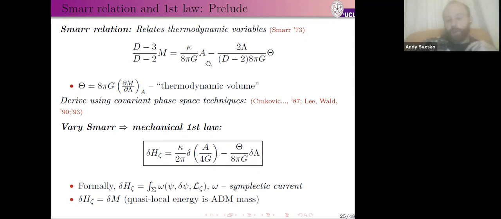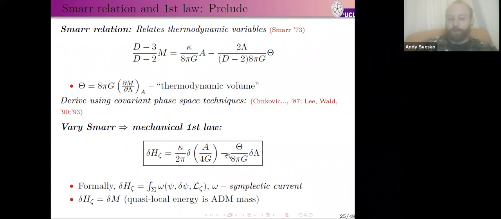Now there's multiple ways of deriving the Smarr relation. In my opinion, the best way, though it can get somewhat bogged down in the details, is using covariant phase space techniques, which I won't go into detail on, but if you have any questions, feel free to ask. Then from the Smarr relation, using covariant phase space techniques, you essentially vary the Smarr relation and write down a mechanical first law.